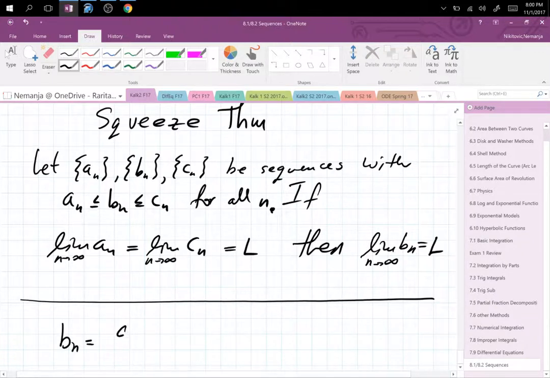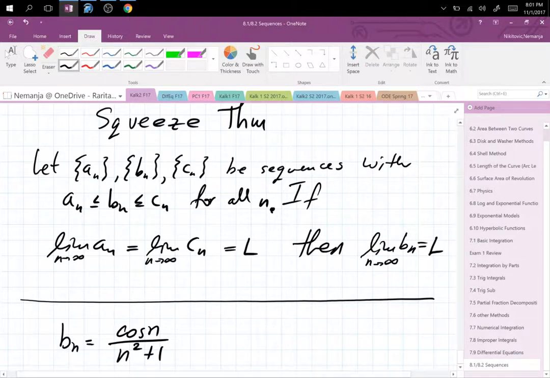And they give us a nice example, Bn equals cosine n over n squared plus 1. Now you're going to say, oh, you have cosine n. If I plug in n that goes to infinity, what is cosine of infinity?